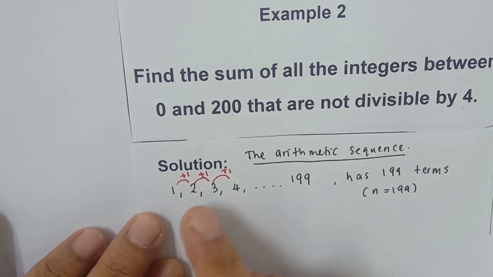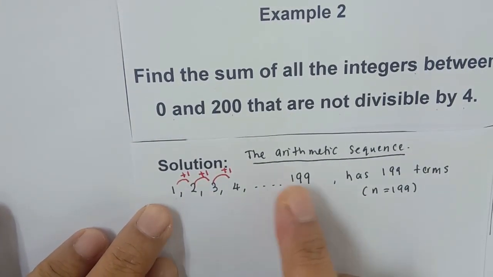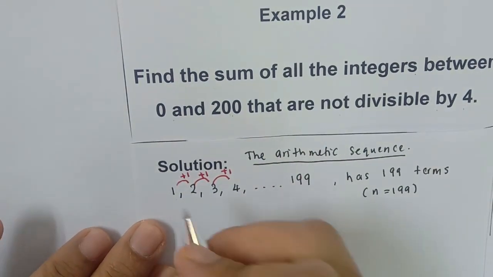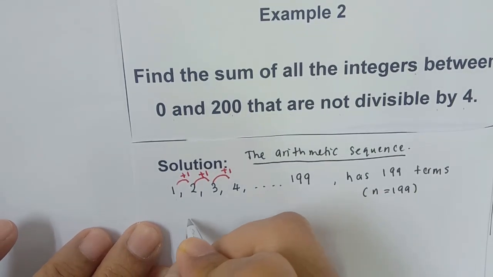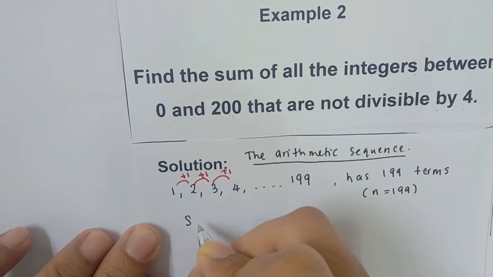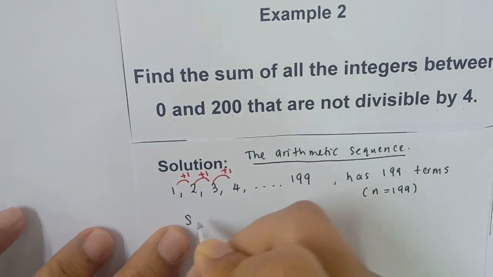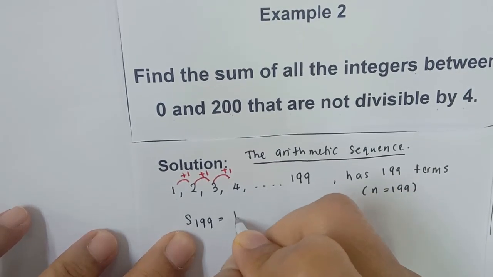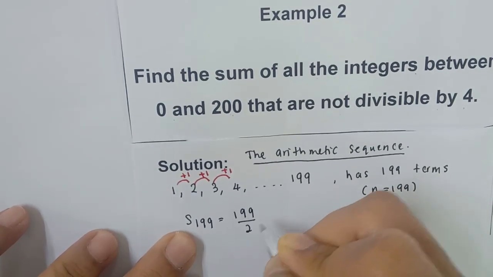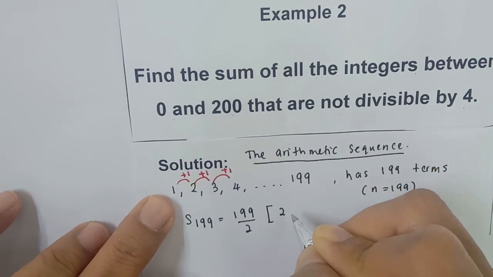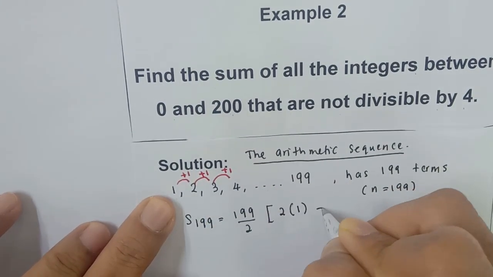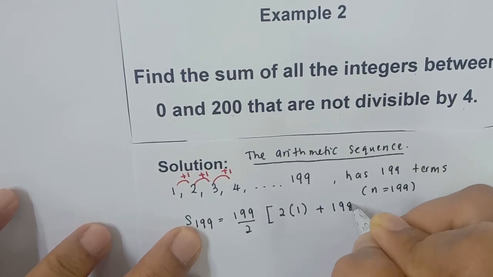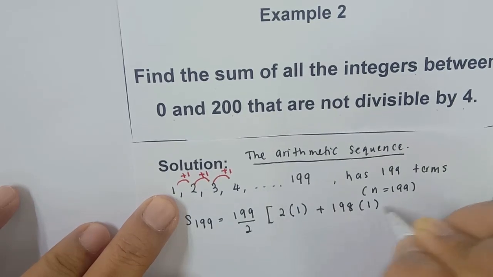Next you find the sum of all integers between 0 and 200. So using the Sn formula for an arithmetic sequence, the sum for 199 terms, S199. The formula is n over 2, where n is 199 over 2, times 2a, and the first term for this sequence is 1, plus n minus 1, so 199 minus 1 is 198, times d. So the common difference is 1.